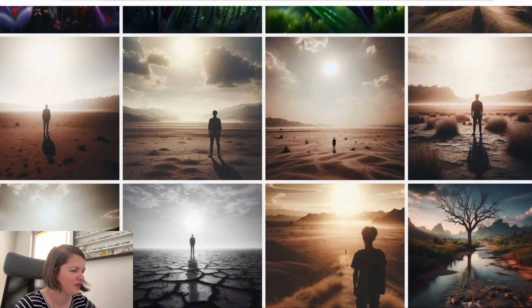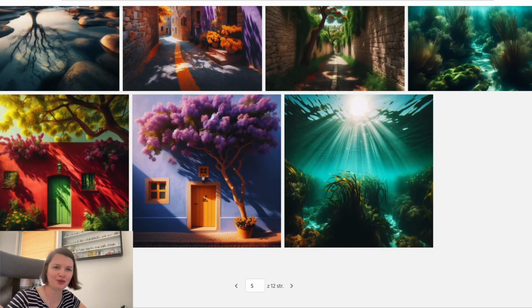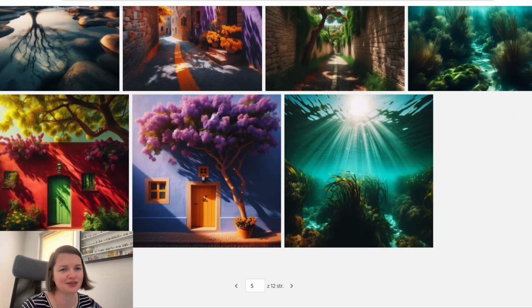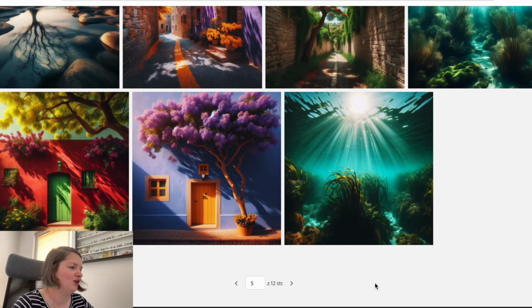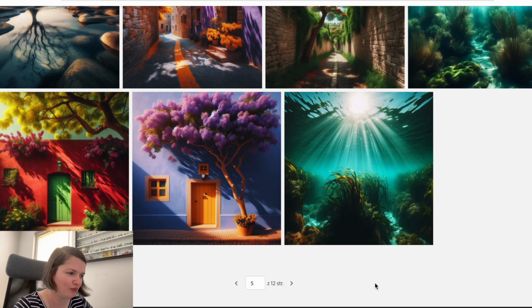When I give this kind of advice, there will always be somebody in the comments who would say, but I am generating squares and they do sell well for me. Well, yes, it can be true, but generally the squares are not the aspect ratio that sells best.